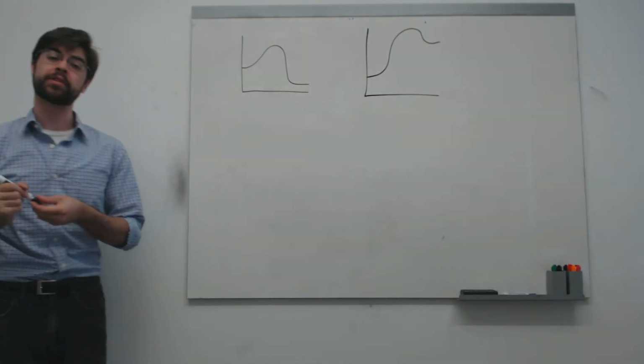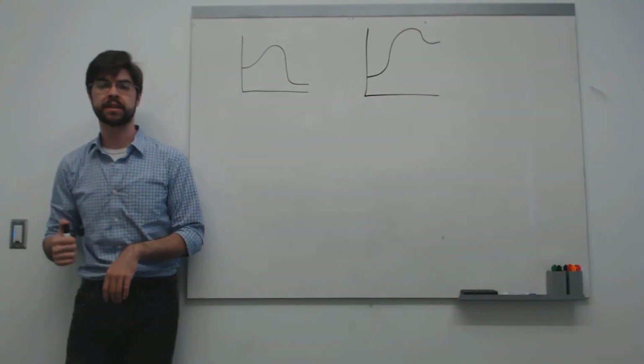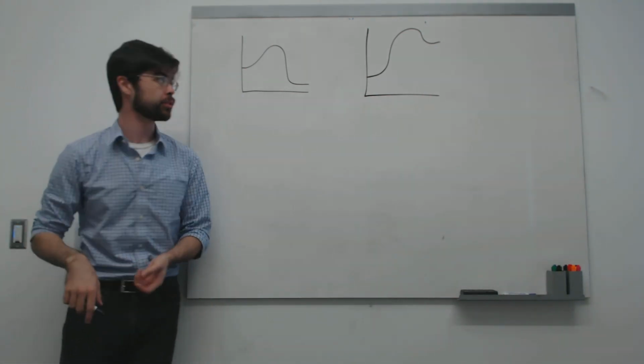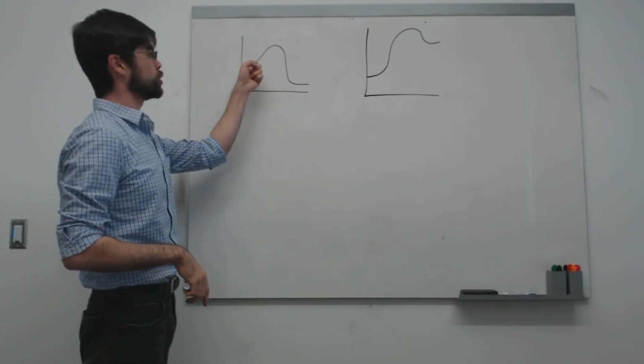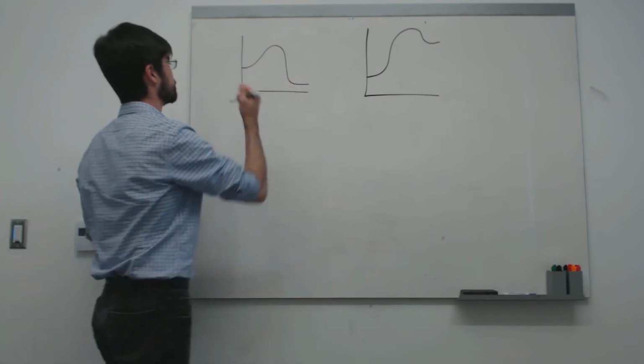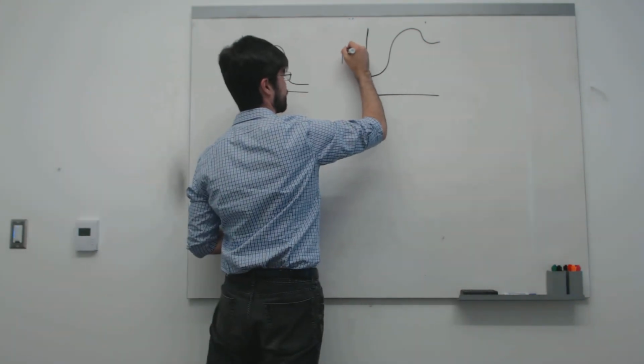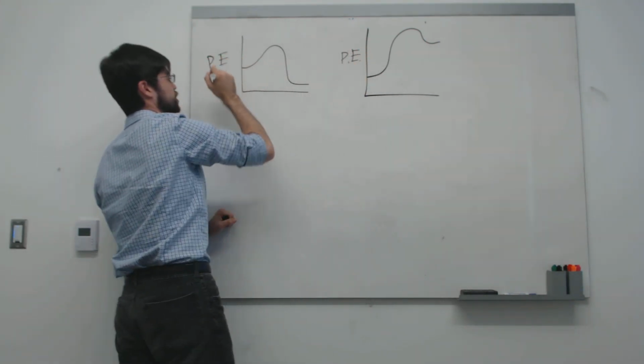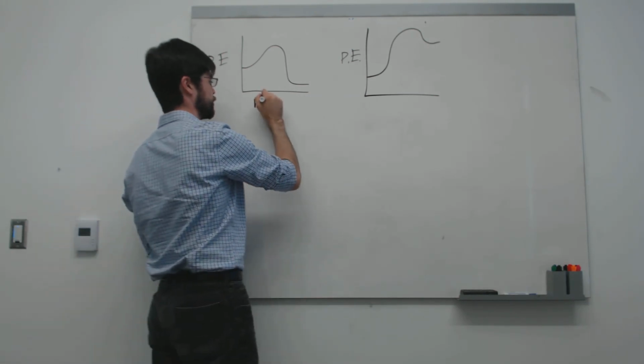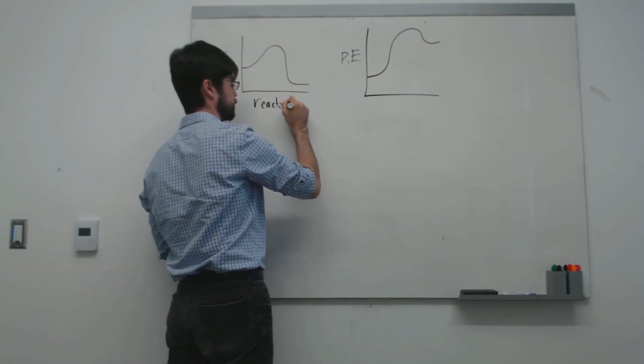Short answer is it depends on whether the process is exothermic or endothermic. This is a process where you have a net drop in energy. These are both representing energy, and to be more specific, they represent potential energy. Both of these are reaction progress.